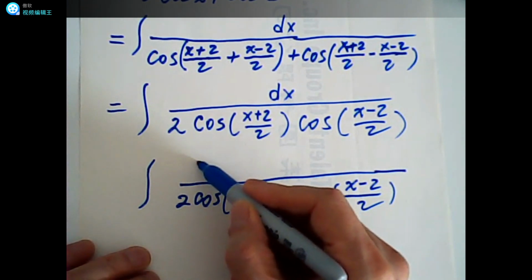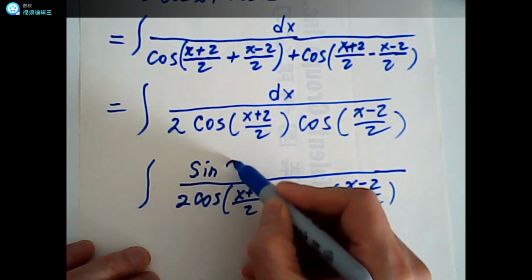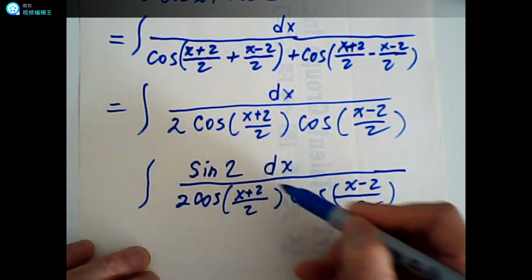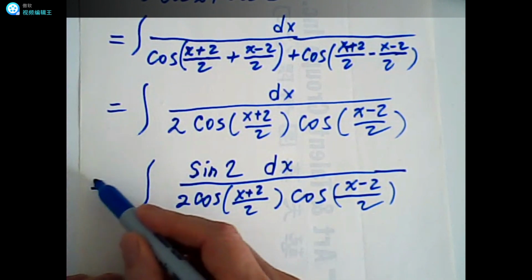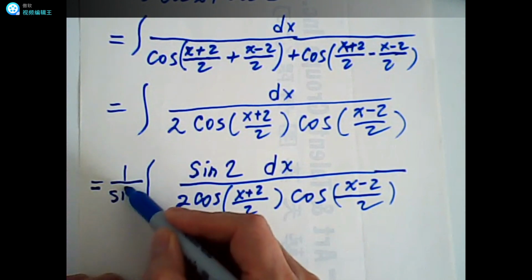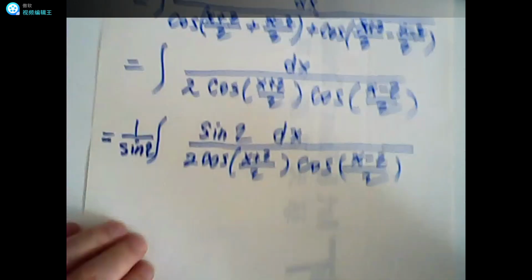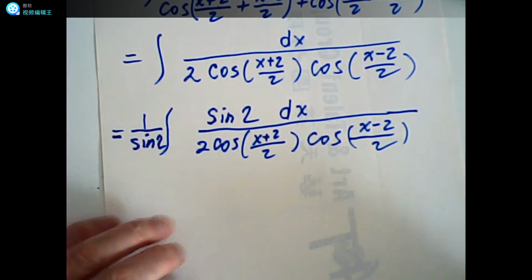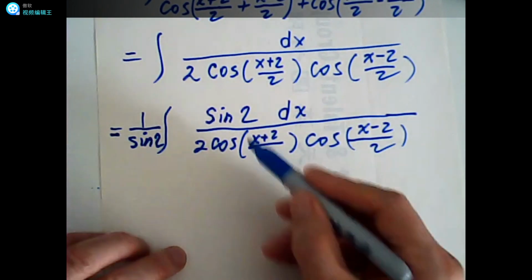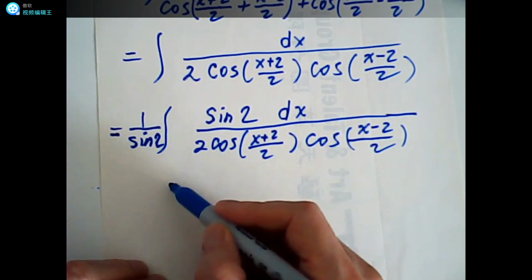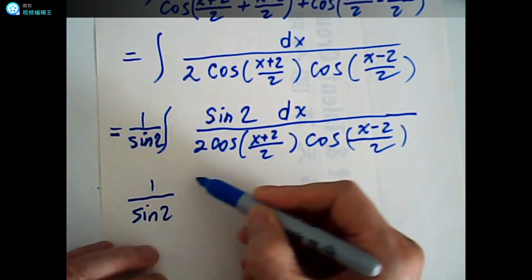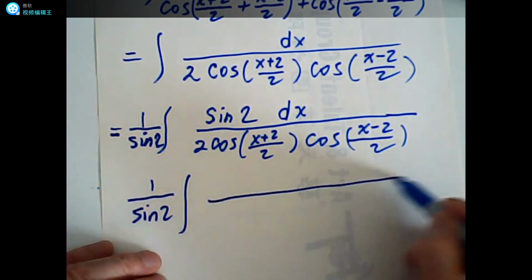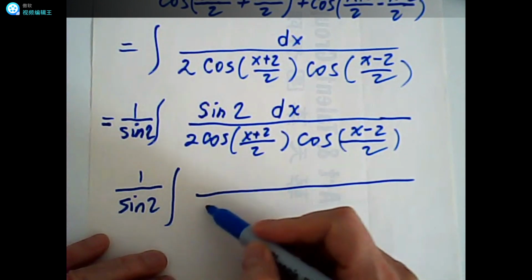I write the sine 2. If I multiply by sine 2, then I have to divide by sine 2, right? So the equal sign is still there. So sine 2, sine 2. Let me copy the denominator first.